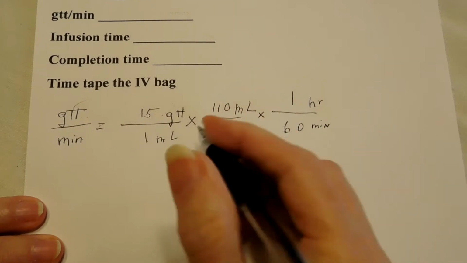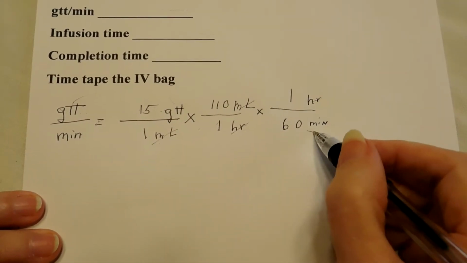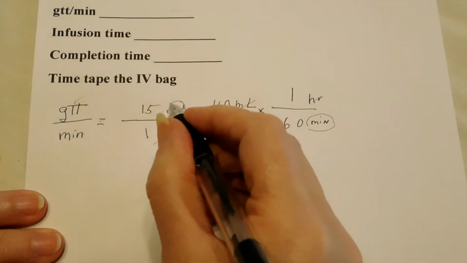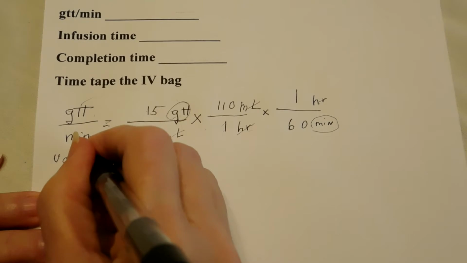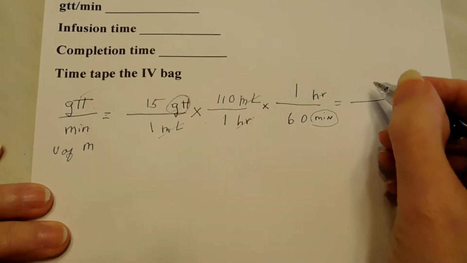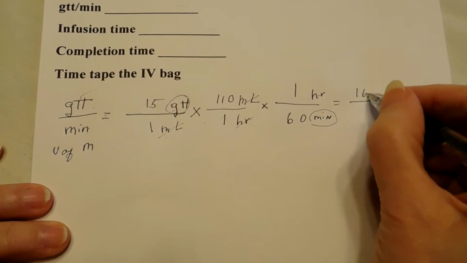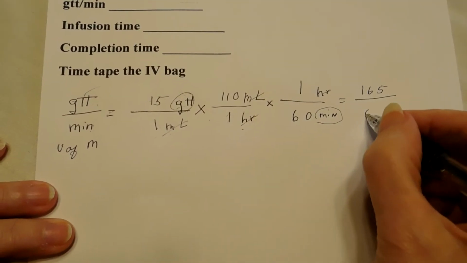Now, are we ready to calculate? Yeah, mils cancel, hours cancel. All we have left is minutes and drops. That's our unit of measure. We multiply the numerators together, and we end up with 1650. Multiply our denominators, 1 times 1 times 60, which is 60.